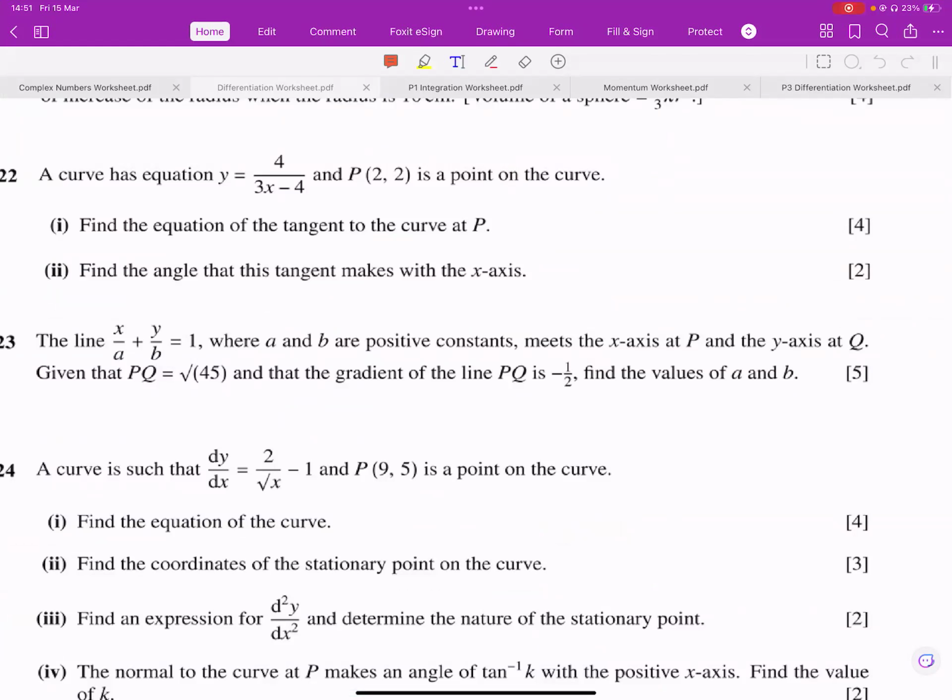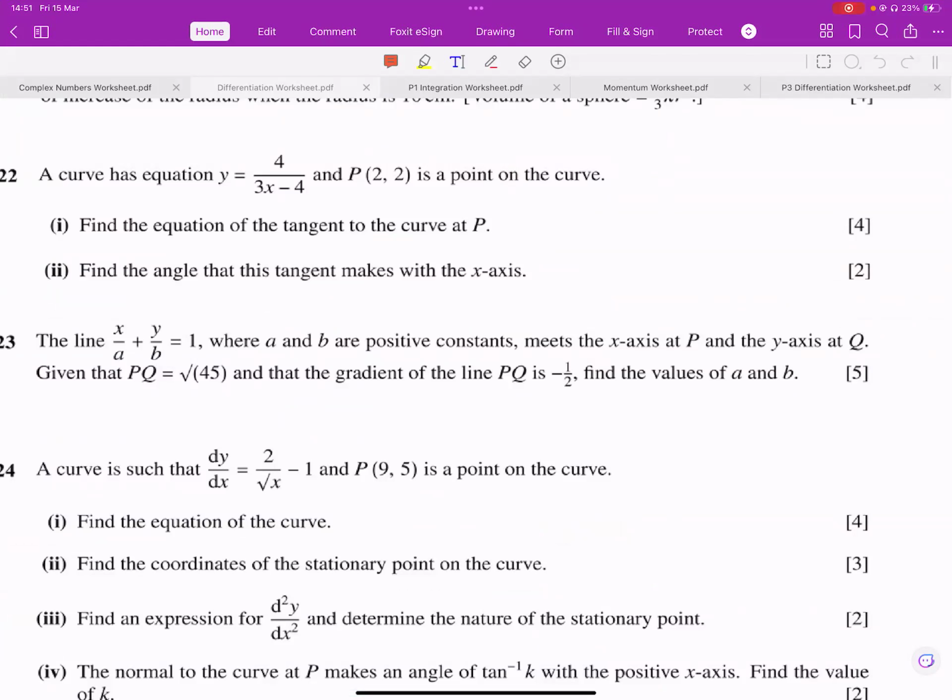That's the first part. Let's move on to the second one, part 2. Now it says find the distance BC. BC, that's the distance that we want to find out. Now, what is BC? It's the distance between points B and C. If we can find the coordinates of B and C somehow, we can find their distance, right?